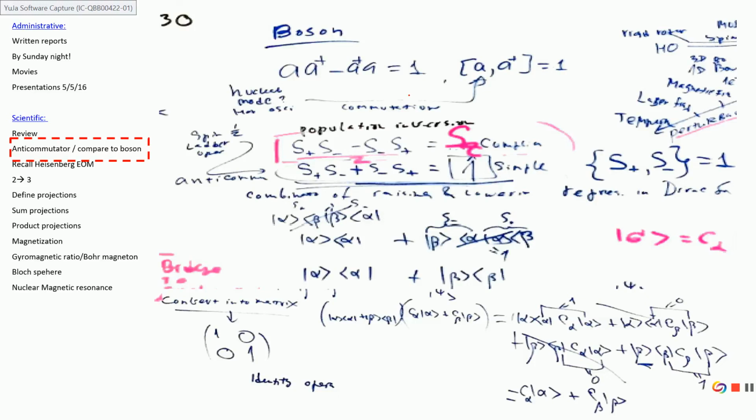If you have oscillations or other bosons like photons, we can create as many particles in the same quantum state. And in CHEM2, there will be far-reaching consequences of these different statistics for bosons and fermions.